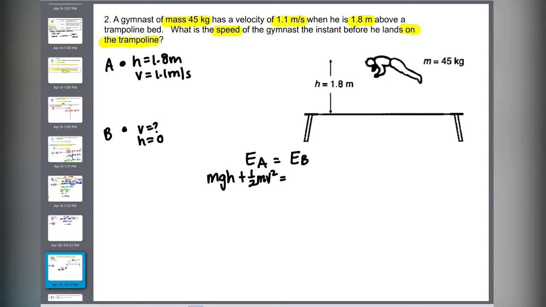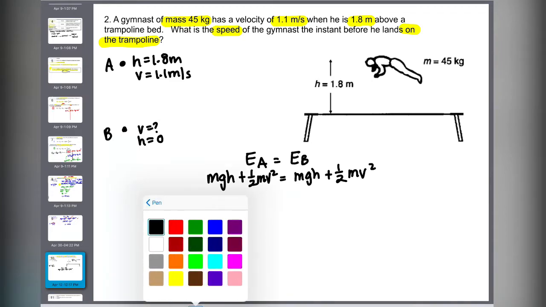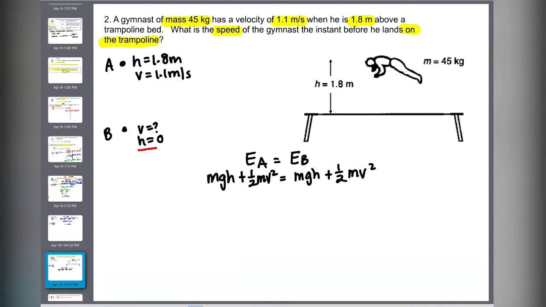And at point B, I also have potential, mgh, and kinetic, 1/2 mv squared. Cross off anything that is 0. So I see h is 0 at point B. If h is 0 at point B, that means the whole mgh term is gone. I see mass in every single term. I can cross those out as well. Let's see what I have left now.